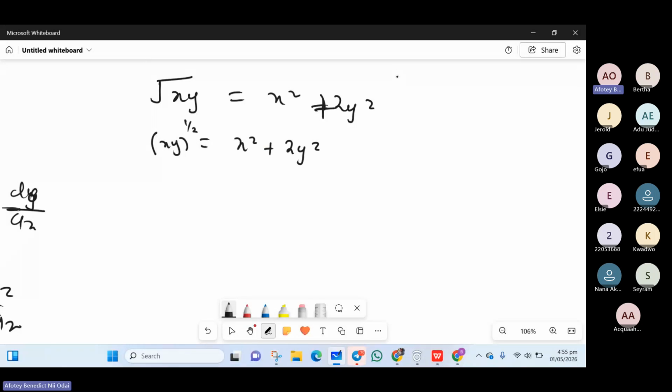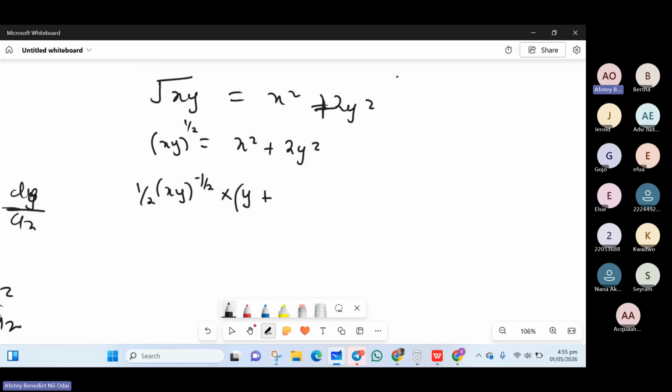So the derivative of this gives us 1 on 2. Again, this is a composite, so xy to the power negative 1 on 2 times the derivative of the inner function. So this gives us the derivative of x, which is 1 times y. Of course, we are using the product rule here.